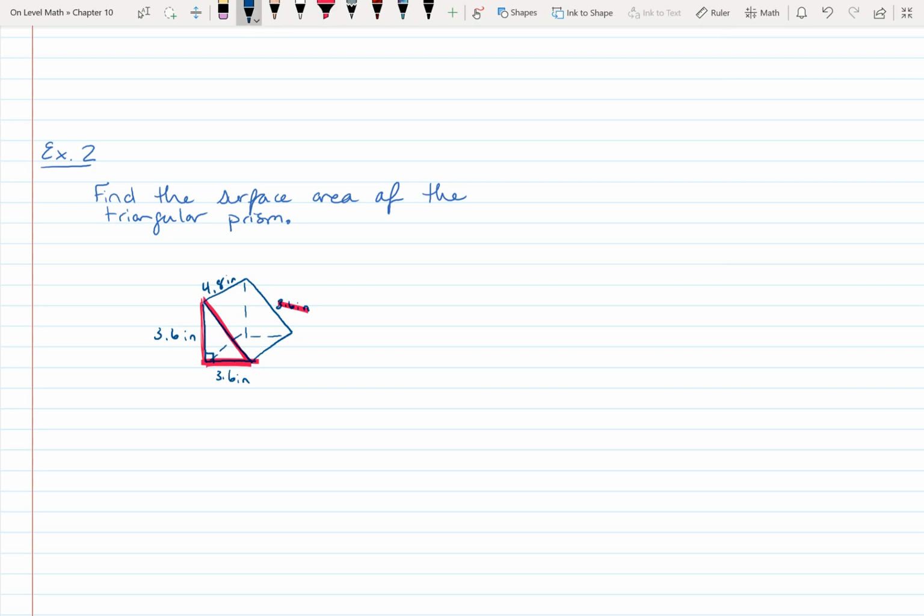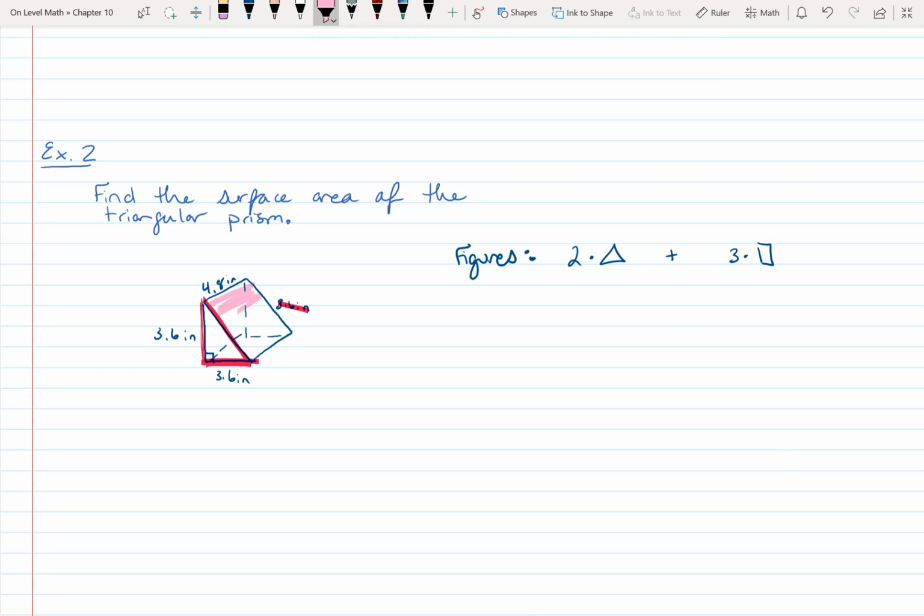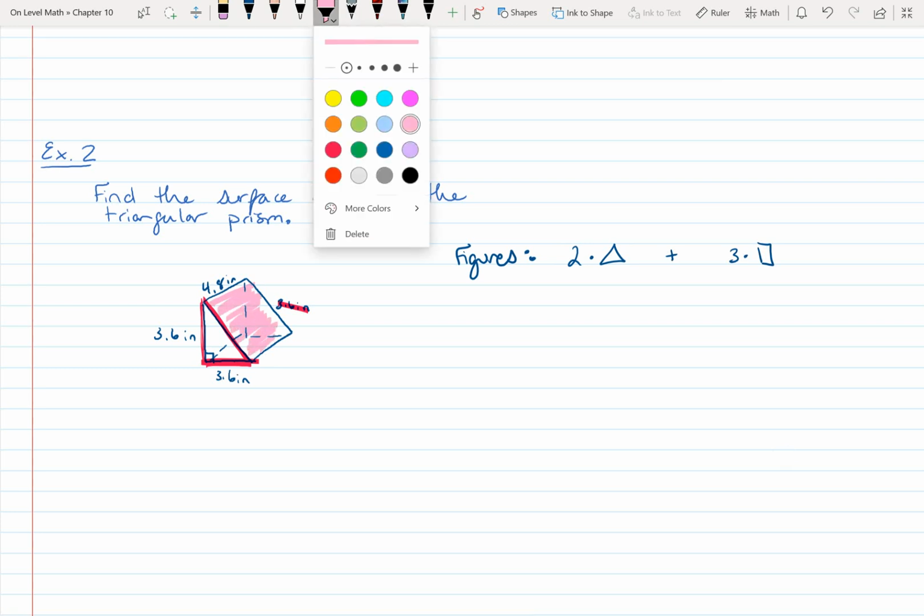Alrighty, so our first step is to label our figures. We've got the triangle, right? We've got the front and we've got the back, so we've got 2 triangles. Plus, we've got 3 rectangles. And we have 3 rectangles because we've got one here, and we've got the one on, let's see, the bottom.